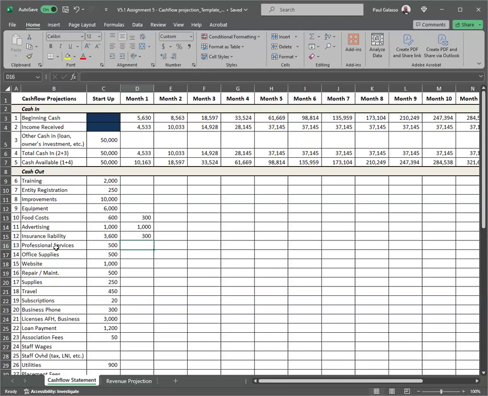So now we get into professional services. Again, these are an attorney, bookkeeper, CPA for filing taxes, anything like that. In my business, I expect that I'm going to use a bookkeeper every quarter to file my quarterly taxes and upload and pay the information that I need to the state of Washington and to the IRS.